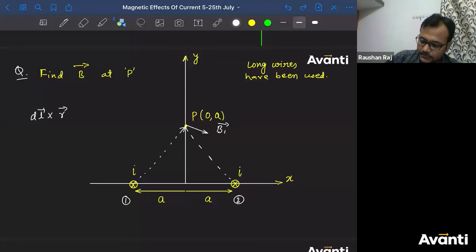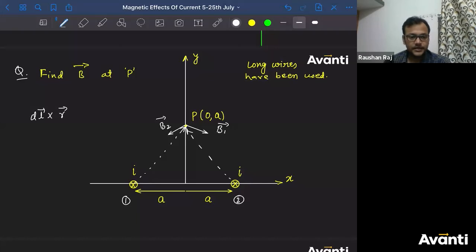So let me erase this part और रहने देता हूं मैं. This B2 will look like this. Guys, click yes if you have understood the directions of B1 and B2.